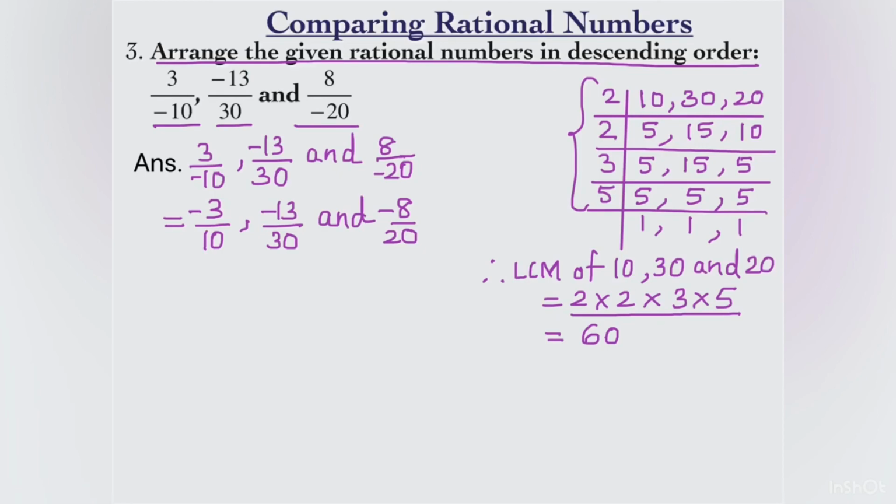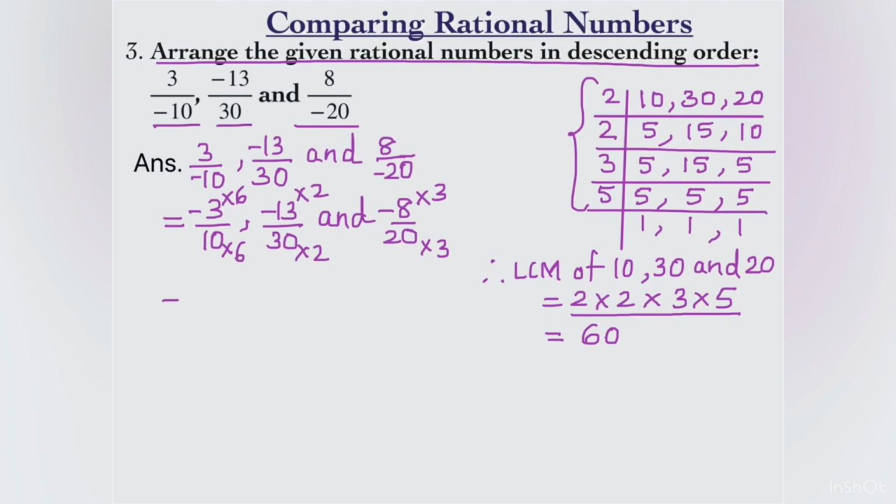Now let's multiply the denominators with a suitable number to make the denominators equal to 60. 10 times 6 is 60. We will multiply 6 with the numerator as well. 30 times 2 is 60. We will multiply 2 with the numerator as well. 20 times 3 is 60. We will multiply 3 with the numerator as well.